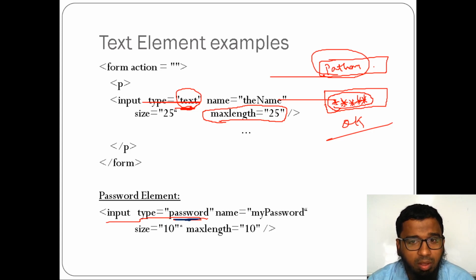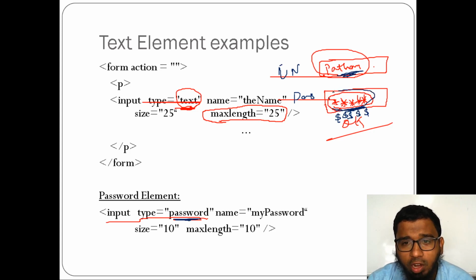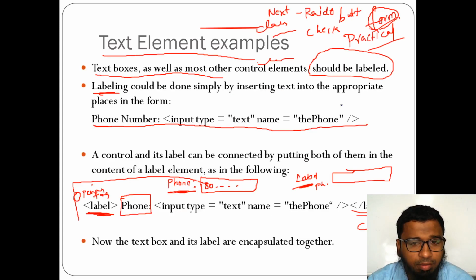Like I told you, username and password. Username will be visible like this and password is star. In place of that, if you want dollar also you will get it, but by default it will be a star.